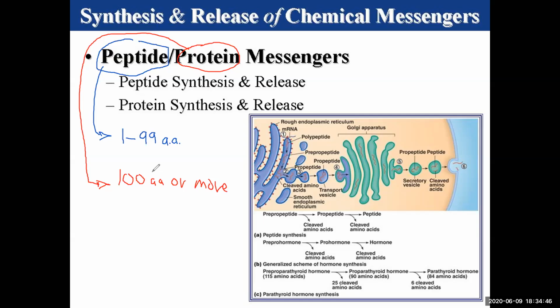From 100 or more amino acids in the primary sequence, we will call it a protein. And when we say protein, it means the same as saying polypeptide. So protein or polypeptide are synonymous.